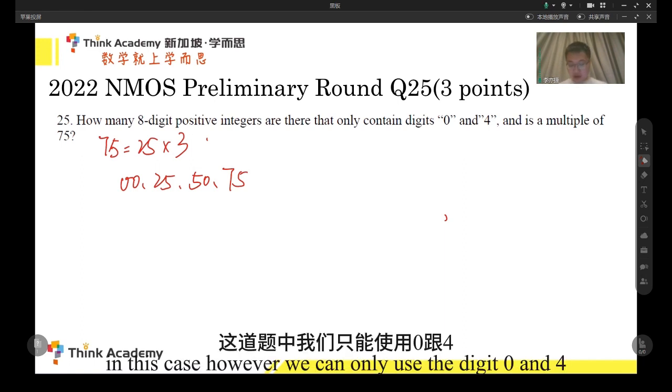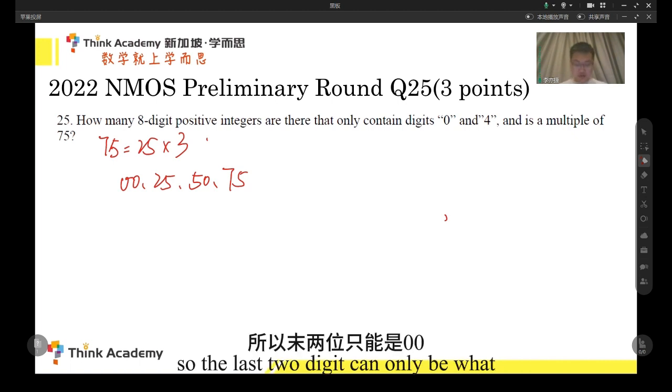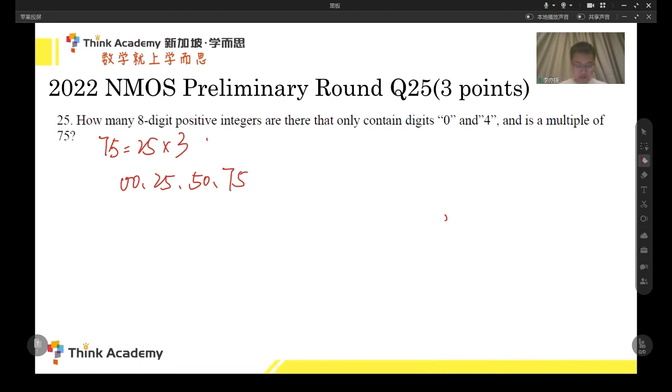In this case, however, we can only use the digits 0 and 4, so the last 2 digits can only be 00, right?